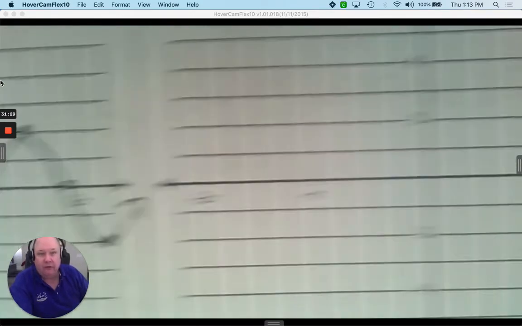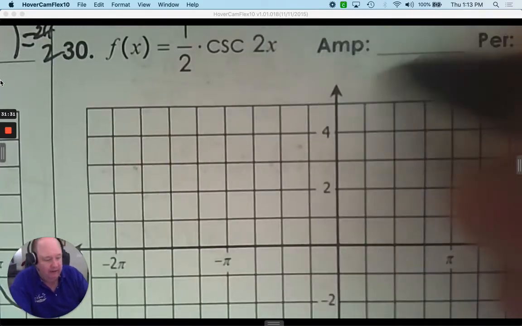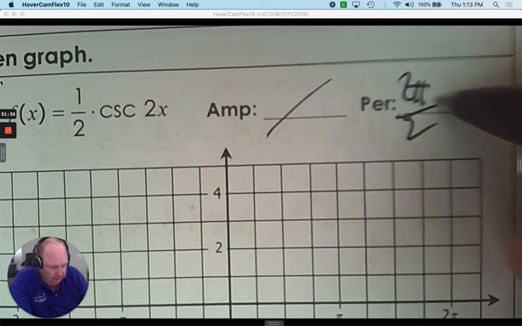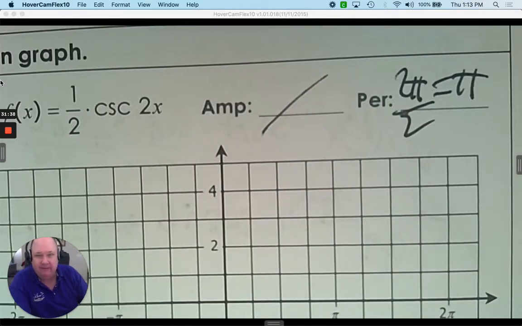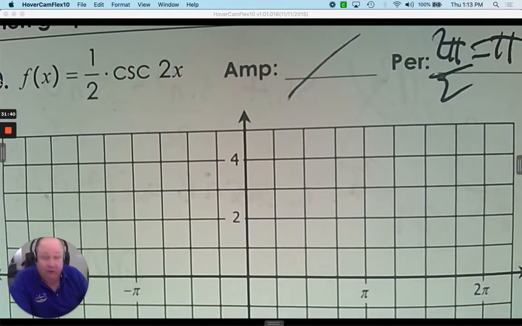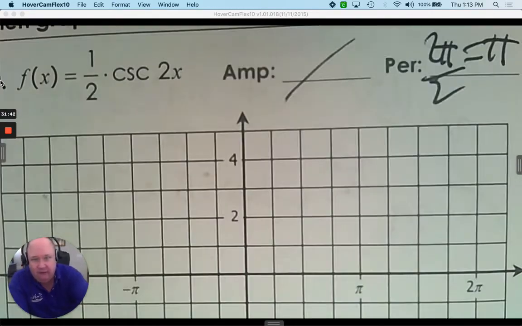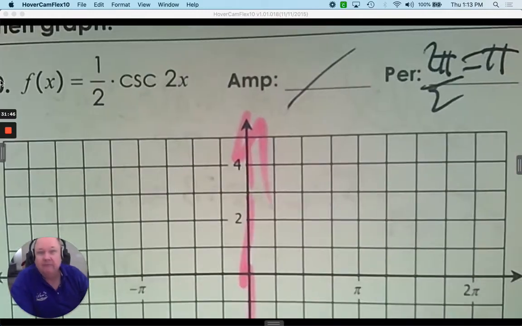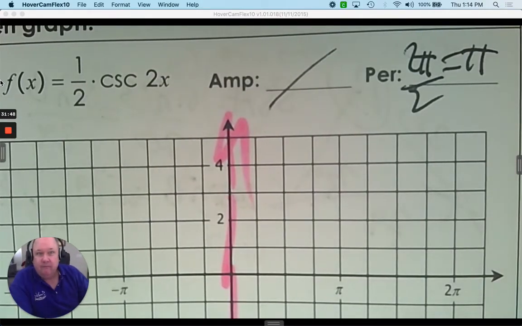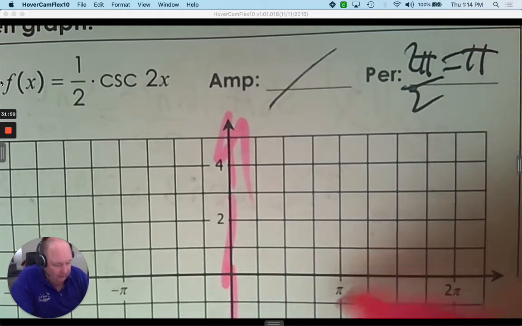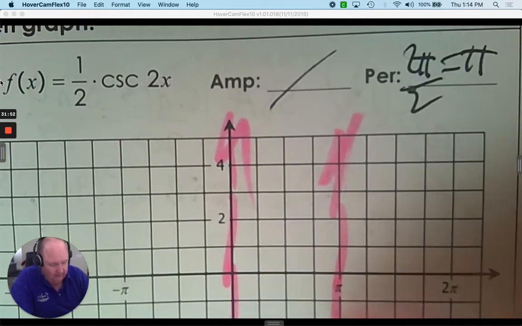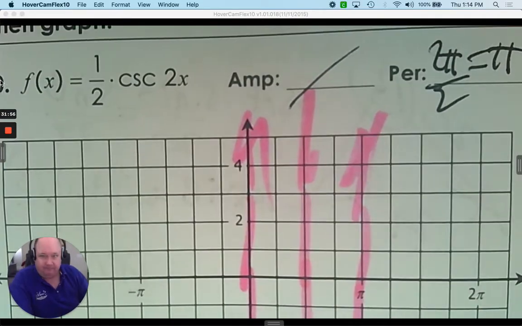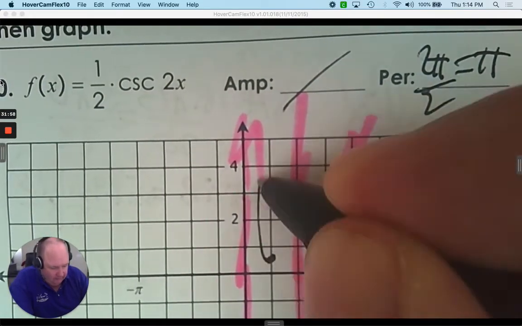For number 30, cosecant has no amplitude. The period is 2 pi divided by 2. So it's just 1 pi. 1/2 gives me the vertex. Cosecant starts with an asymptote. At pi will end, and then in the middle will be a third one. Find 1/2, it goes up.